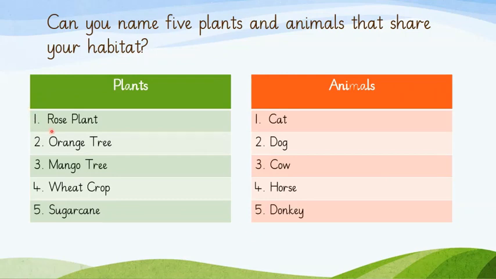Rose plant, orange tree, mango tree, wheat crop, and sugarcane. And for animals, you may find cat, dog, cow, horse, and donkey. These are some of the most common plants and animals that are present in the area where us human beings live.